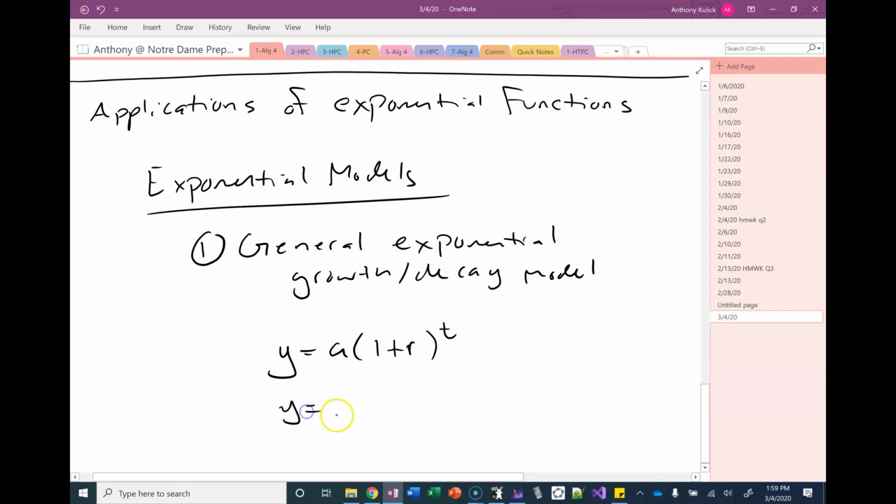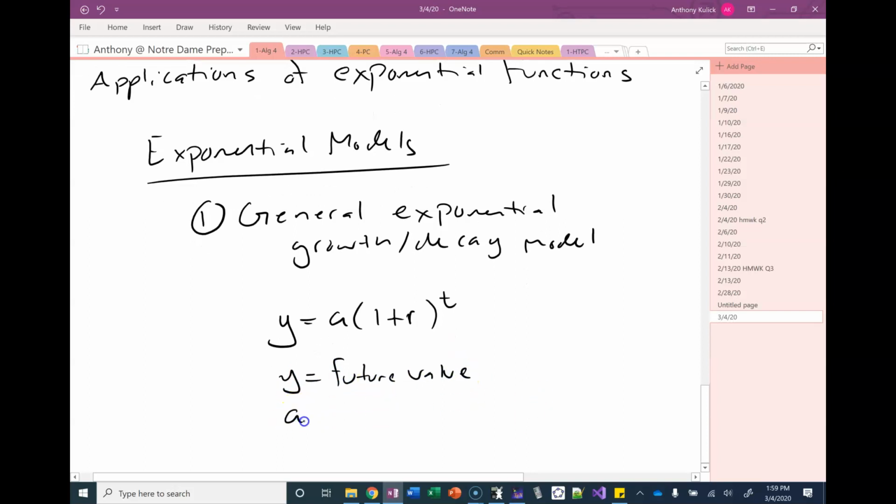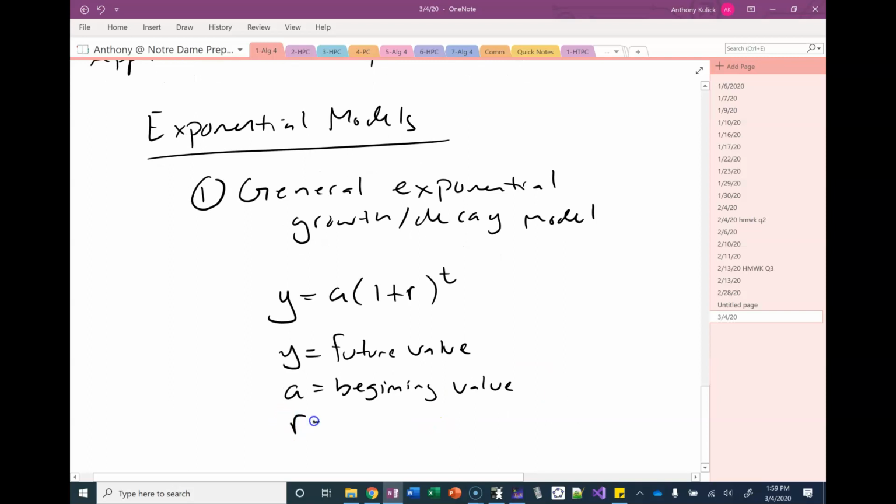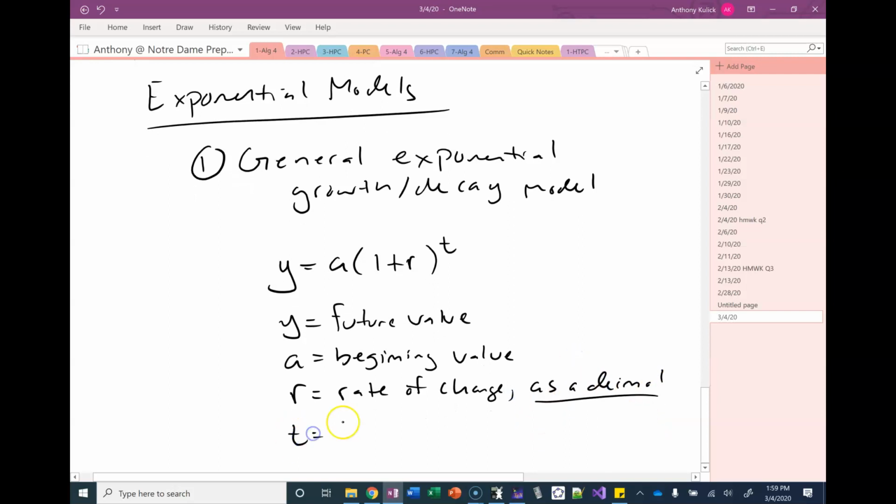In this case, y is equal to some future value or amount. A is going to be our beginning or present value. R is the rate of change. Critical that we're writing that, though, as a decimal.